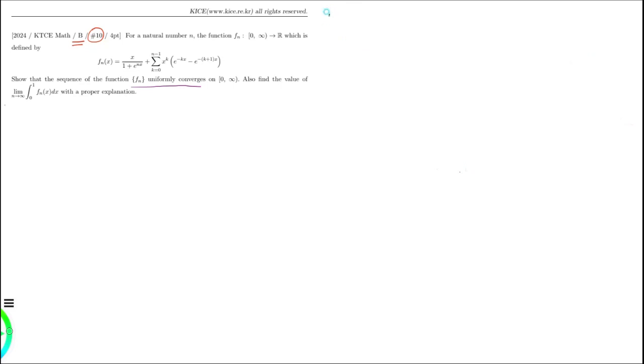The first point is to set the target function f of x. Let's take a look at the sequence of functions f sub n of x here.